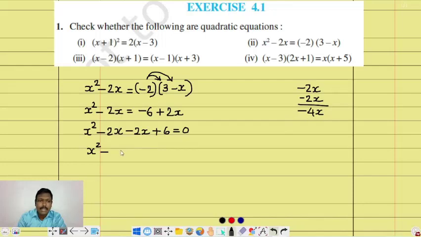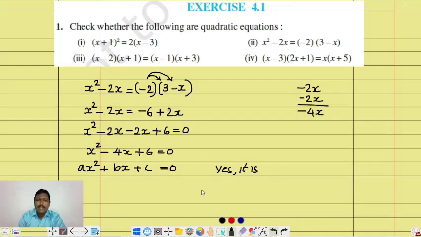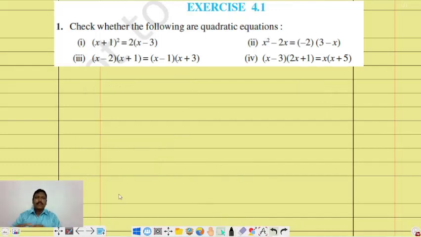So you can write here x squared minus 4x plus 6 is equal to 0, which is in the form of ax squared plus bx plus c equal to 0. So we can say yes, it is a quadratic equation.